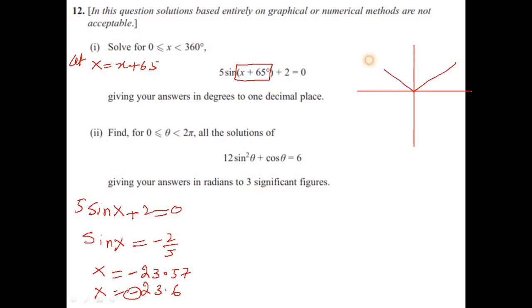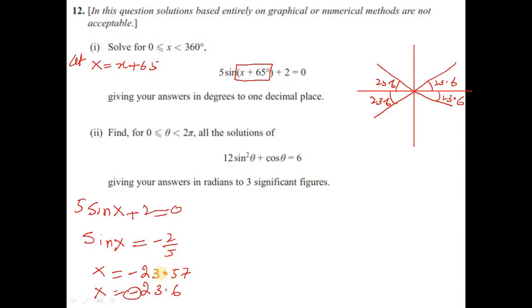This is a small angle 23.6, not exact like this. That means all these angles with the x-axis are 23.6. After sketching these 4 angles, we need to select the correct quadrants.